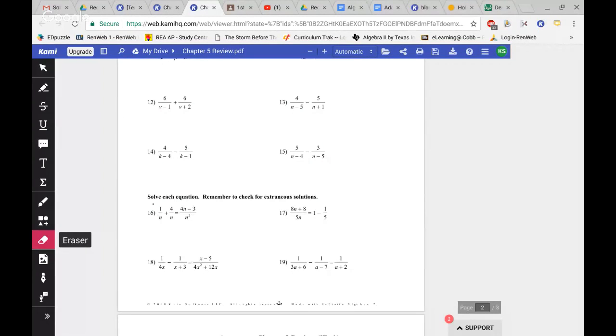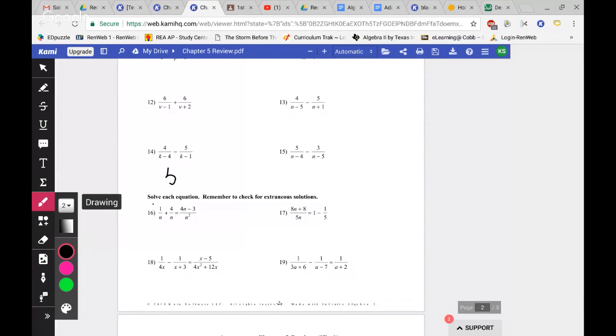On number 15, the common denominator, once again, the first thing that you're always going to want to do is make sure that each denominator is in its lowest factored form. And in this case, n-4 and n-5 are in their lowest factored form. Typically, how I set these up is I make this really long, kind of obnoxious fraction bar to make sure I'm incorporating all of my factors.